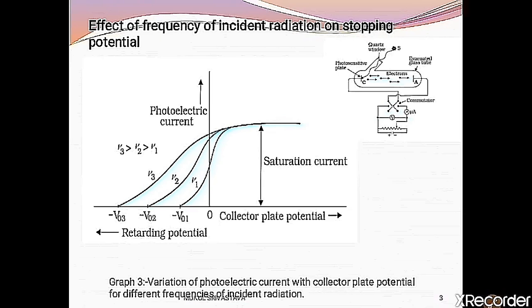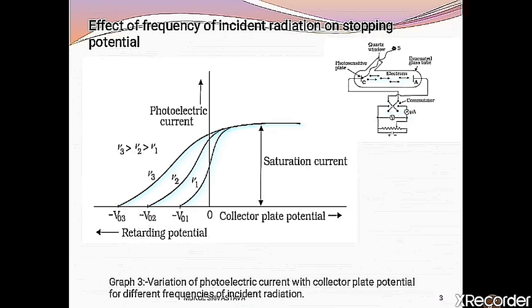We obtain different values of stopping potential but the same value of saturation current for incident radiation of different frequency. The energy of the emitted electron depends on the frequency of the incident radiation. The stopping potential is more negative for higher frequencies of incident radiation.